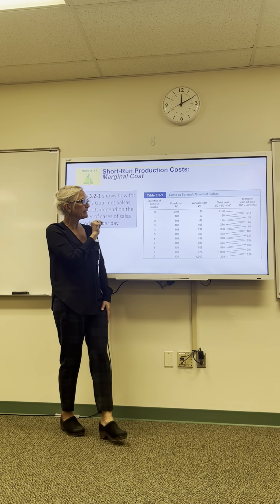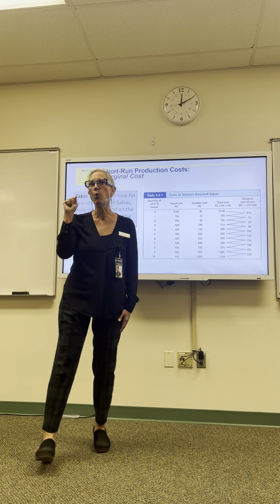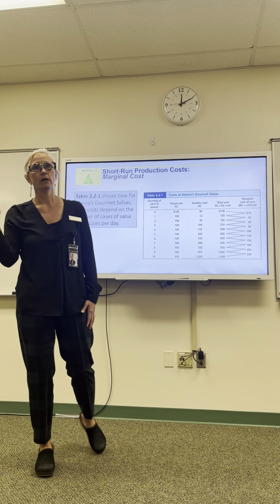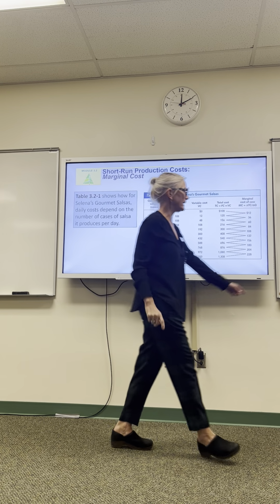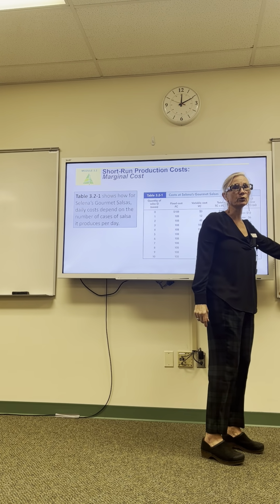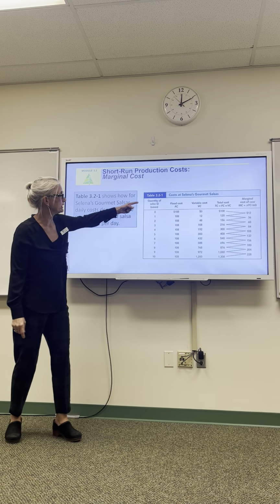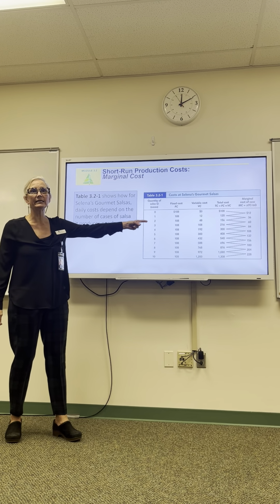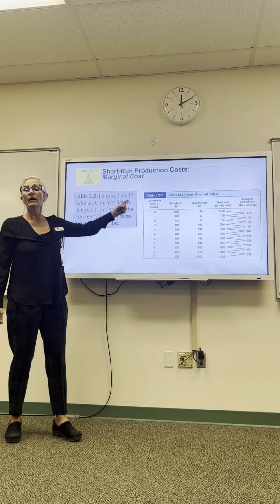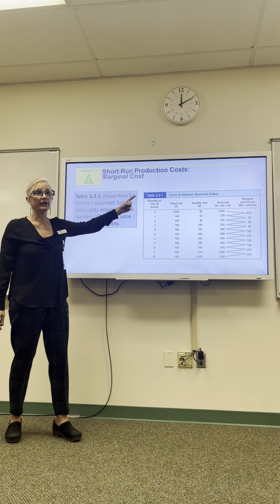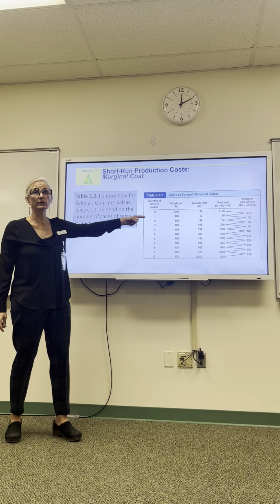Now, I'm going to give you guys a really important tip. When you are calculating marginal costs, because you will have to do this, you need to pay attention to the quantity change. A lot of times, it's going to just go up by units of one.